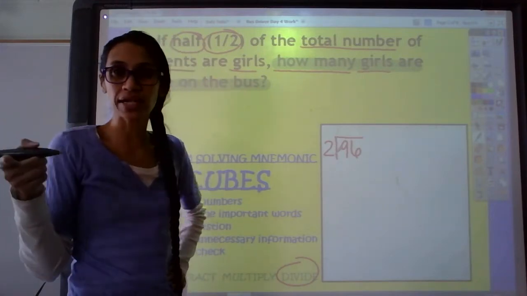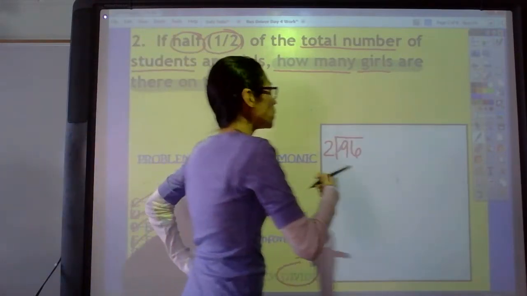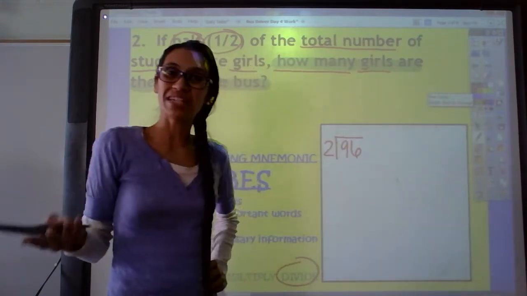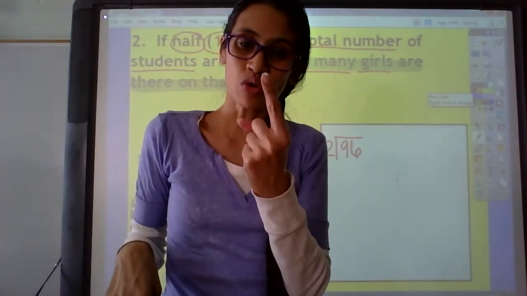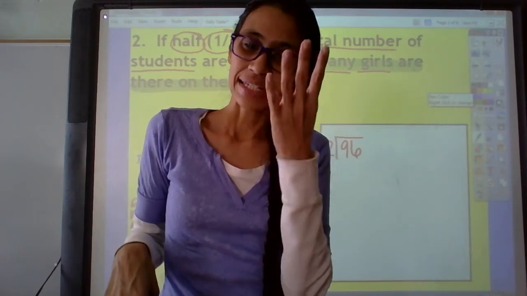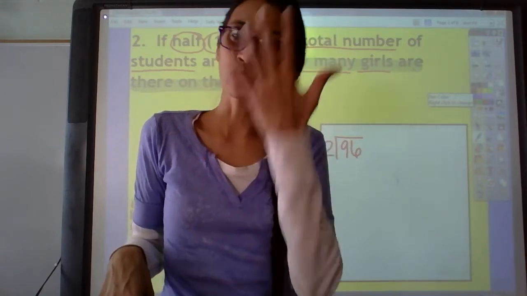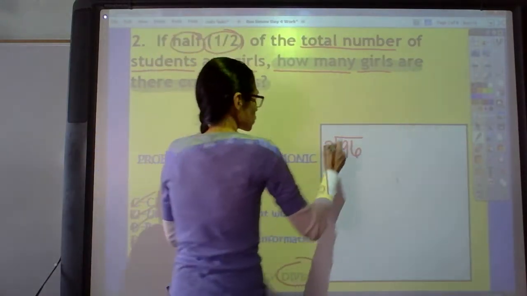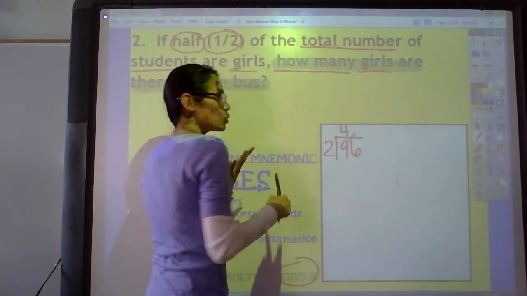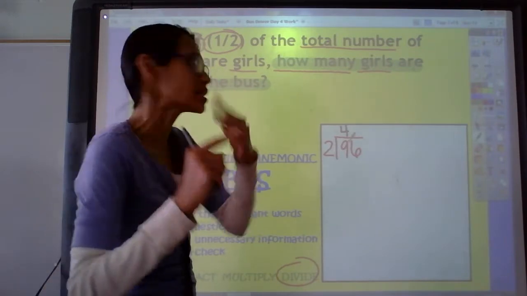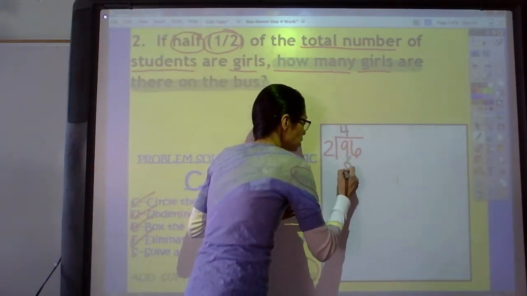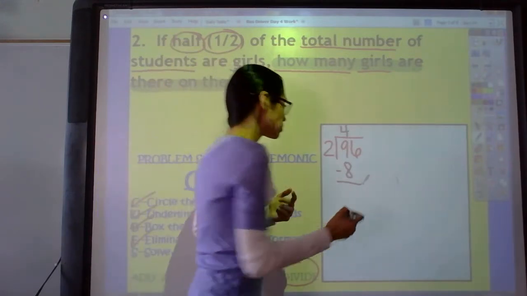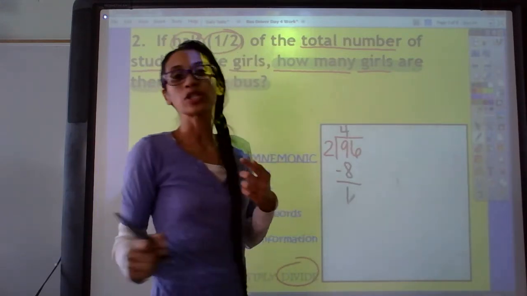All right, are you ready? Let's go. How many times can 2 go in 9? So if I have 9, let's keep count by 2. 2, 4, 6, 8, 10. Too much. Back it up. 4 times. And 4 times 2, we just counted that, 2, 4, 6, 8, is 8. And how many is left over with that? 9 minus 8 is 1. And then now what do we do?